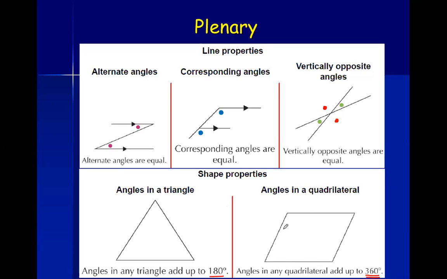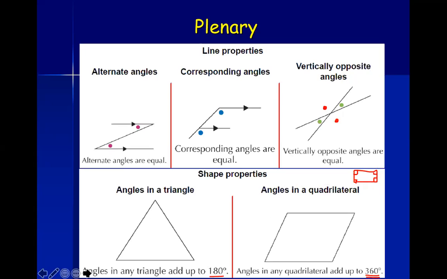So this is another property that is missed quite often. If you want to convince yourself, just draw yourself a rectangle, and you'll find a rectangle has 4 right angles. 4 times 90 is 360. So you can quickly double check that by just drawing a rectangle.